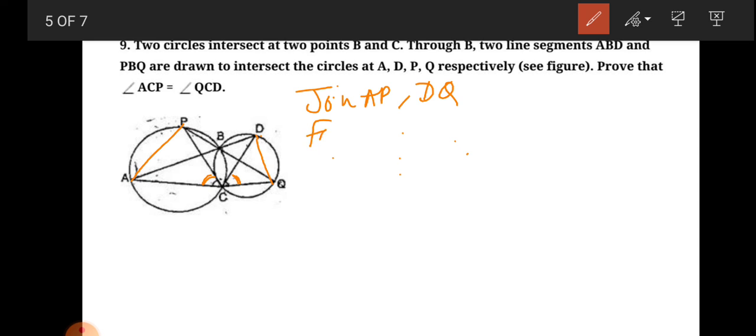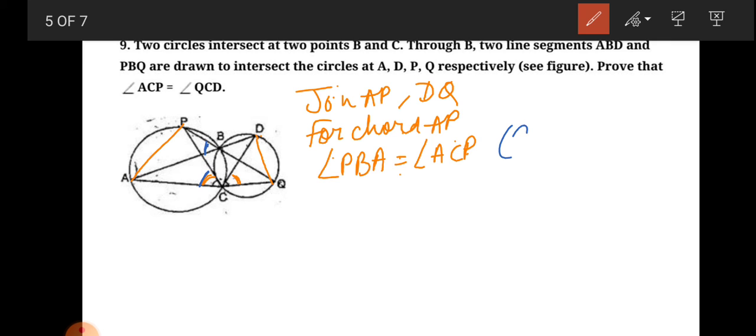Now for chord AP, angle PBA is equal to angle ACP. Angles in the same segment of a circle are equal.